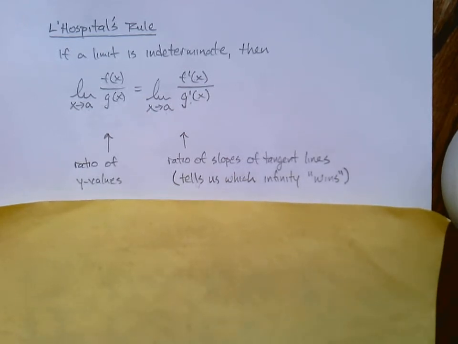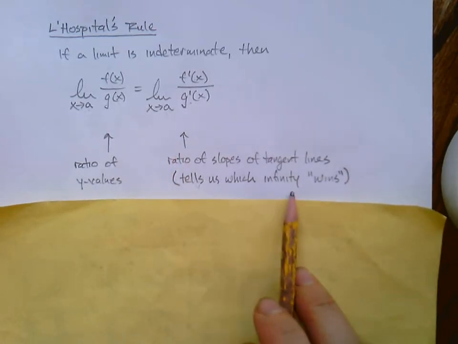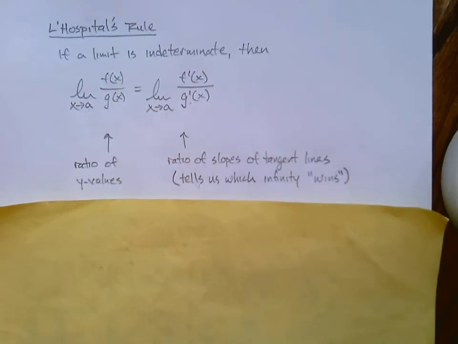If you think about it like a tug of war, who wins, who's going faster, we want to compare the instantaneous rates of change, the ratios of the slopes of the tangent lines as we approach a. And that will tell us which infinity wins, or maybe, I wrote infinity here, but maybe as you're approaching 0, if that wins, that sort of thing.